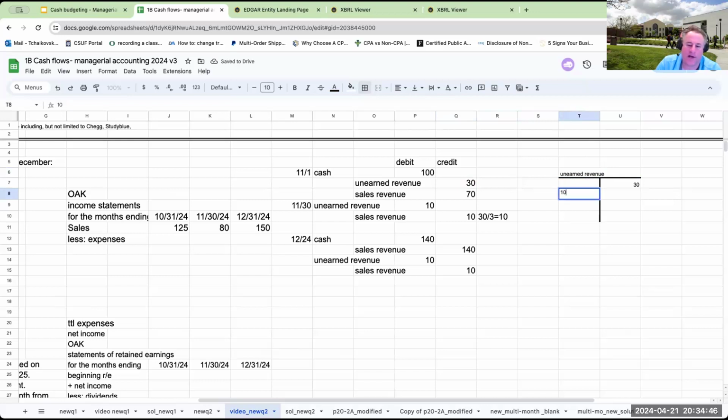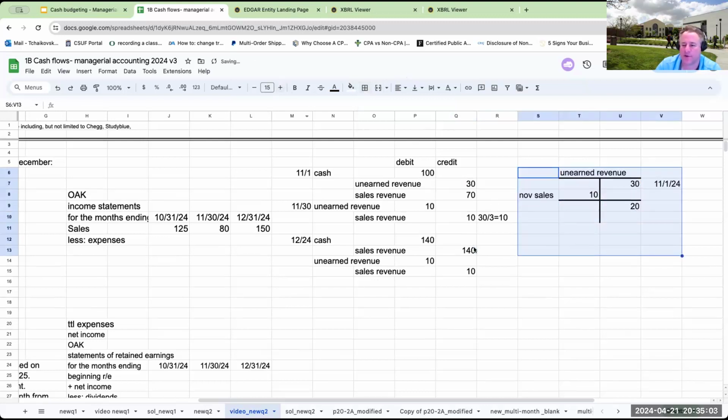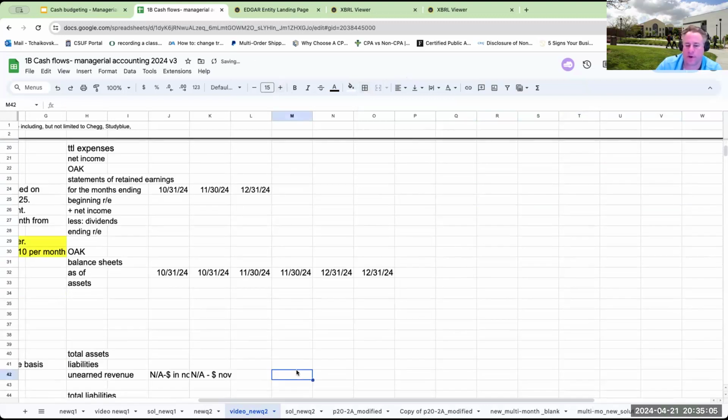Then I recognized 10 for November sales. So my ending balance in unearned revenue is going to be the 30 where I started minus the 10, or 20. So that's going to be my balance of unearned revenue. So I'm going to go ahead and put that right over here. So unearned revenue is at 20.